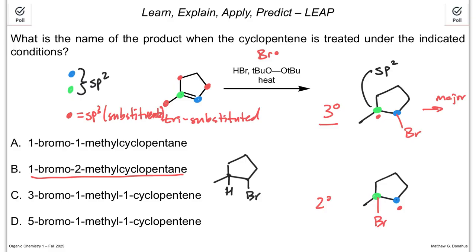So overall, where that alkene was, we've added the elements of HBr across that alkene. And what that does in terms of classifying the product, this is now a secondary bromide.